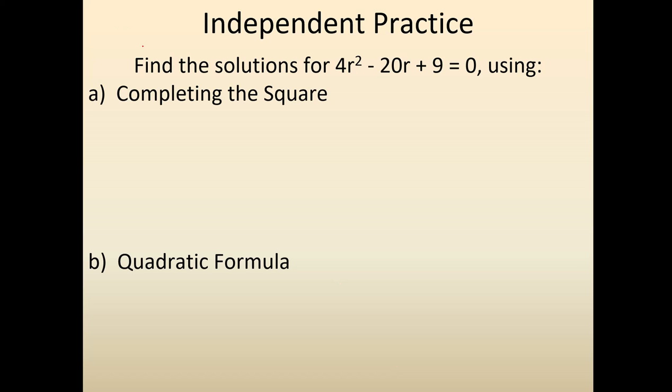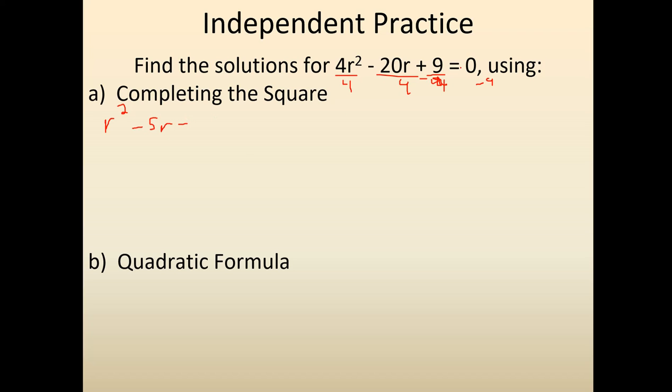So for completing the square, I'm just going to take this, it's already in standard form, subtract the 9 over. Actually, before I do that, I want to divide all the terms by 4. So this becomes r squared minus 20 divided by 4 is 5r.